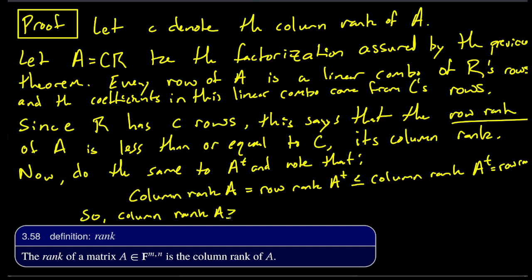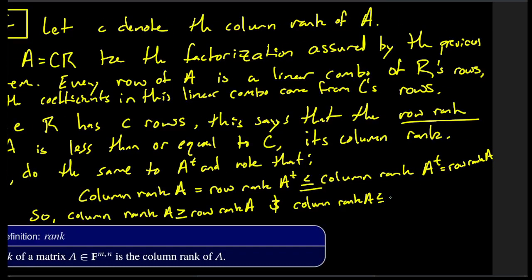So the column rank of A is greater than or equal to the row rank of A. And we've shown that the column rank of A, from this part, is less than or equal to the row rank of A. Hence, they are equal. If a is less than or equal to b and a is greater than or equal to b, then a is equal to b.